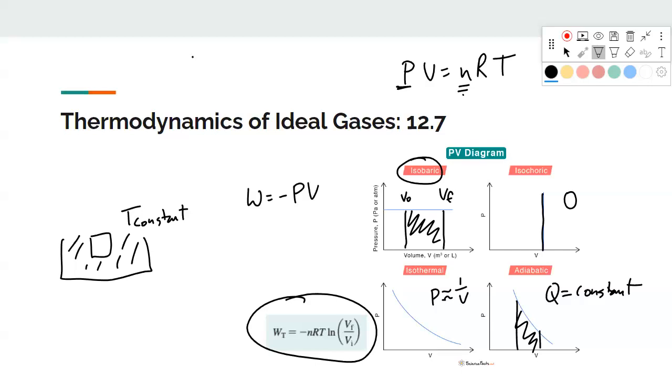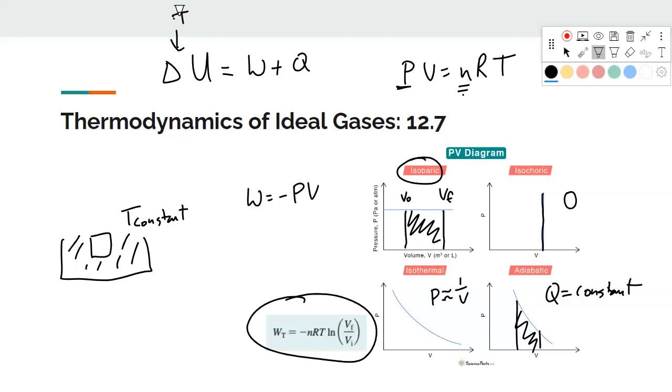Remember from the first law of thermodynamics, change in internal energy is work plus heat. So if an adiabatic system wants to change its internal energy, which remember, this is the thing that's related to temperature, then it has to have some work either done on it or done by it.